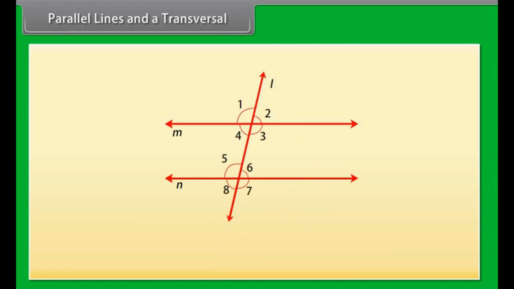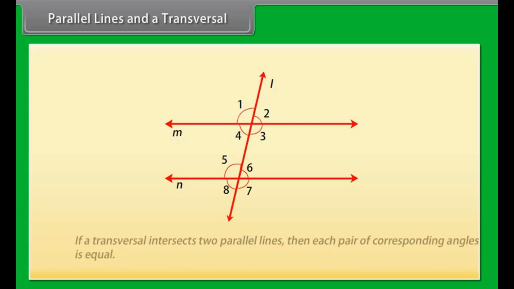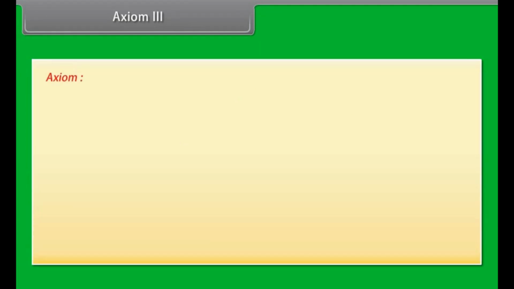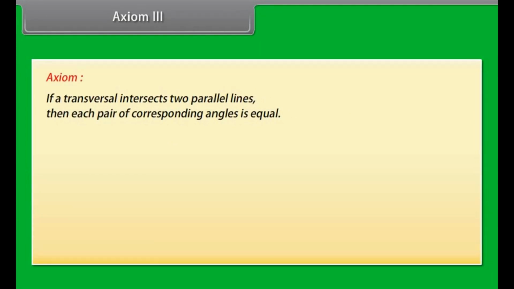Now, if we measure any pair of corresponding angles, we find that angle 1 is equal to angle 5, angle 2 is equal to angle 6, angle 4 is equal to angle 8, and angle 3 is equal to angle 7. For this, we get one more axiom, which is, if a transversal intersects two parallel lines, then each pair of corresponding angles is equal. Axiom. If a transversal intersects two parallel lines, then each pair of corresponding angles is equal.